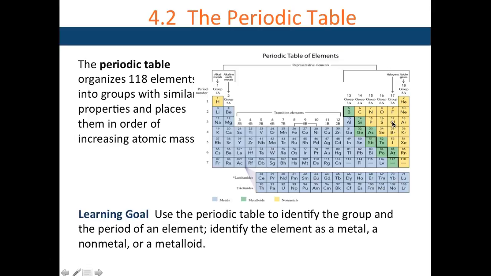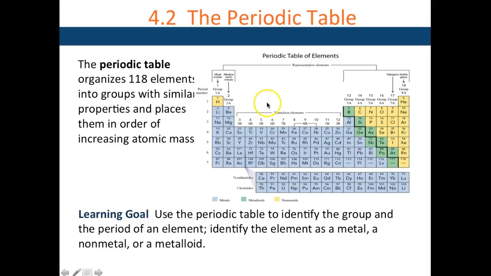And then the other thing you will notice here is that the elements have been organized into columns and rows. So those columns are called groups, and the rows are called periods.